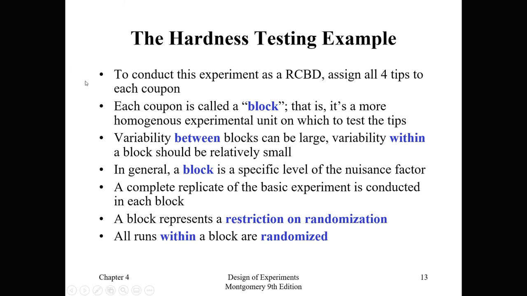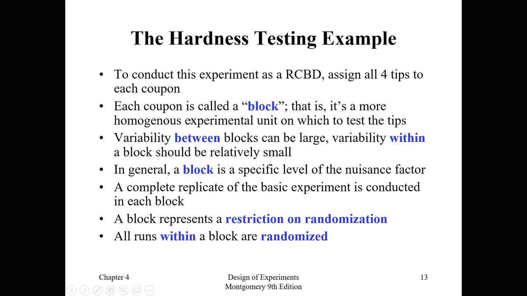It doesn't really work like that. That's not really possible. So these coupons are going to be treated as a block because they restrict randomization. All of my experimental units, which are going to be these little points on these coupons, can be randomly assigned to tip, but they can't be randomly assigned to coupon. All 4 of those on the first coupon are kind of stuck on the first coupon.